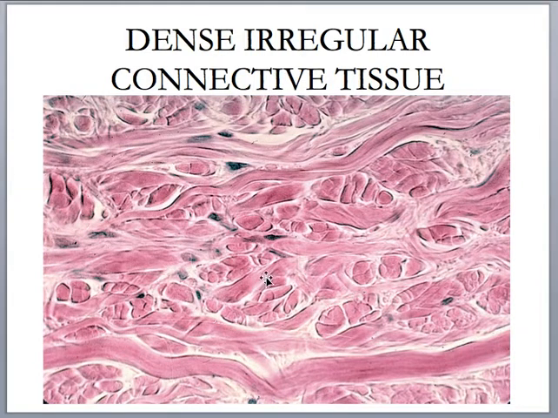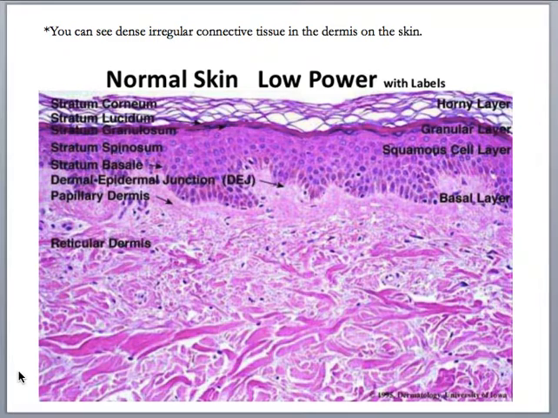So when you get older and your collagen starts to break down and not be able to resist pulling forces as well, your skin gets saggier, right? And you get wrinkles because this collagen isn't as strong as it once was. So this is what I was just talking about, like up here.